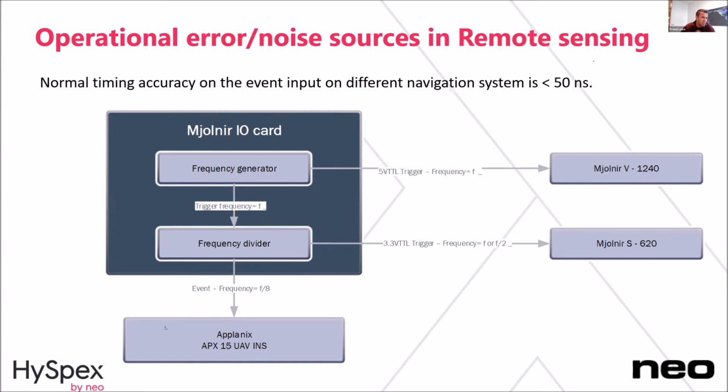Then in the high-spec NAV that I mentioned earlier, we are getting the timing back and doing the resampling to the mid exposure. This is extremely important to do properly. There are some suppliers that send one pulse at the beginning of a flight and one pulse at the end to sync the clocks, which can be not very good in the long run.